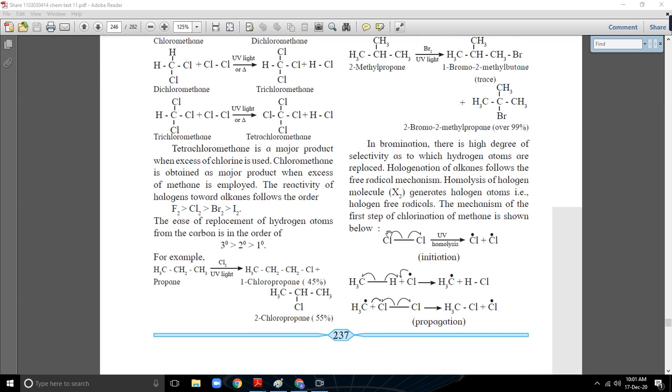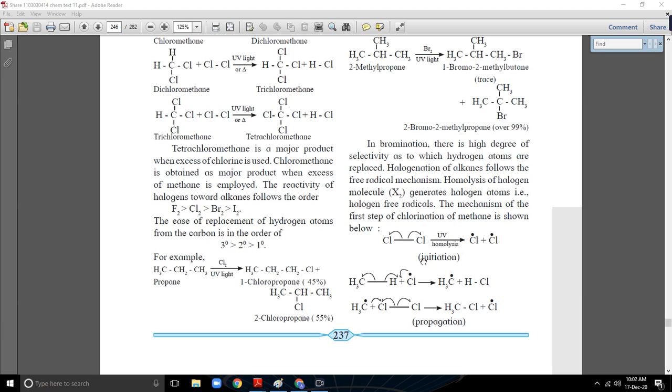First, chlorine breaks its bond, and homolytic fission takes place. This arrow shows one electron going toward this side and another one going toward this side. So this is the homolytic fission and two radicals of chlorine are formed here.